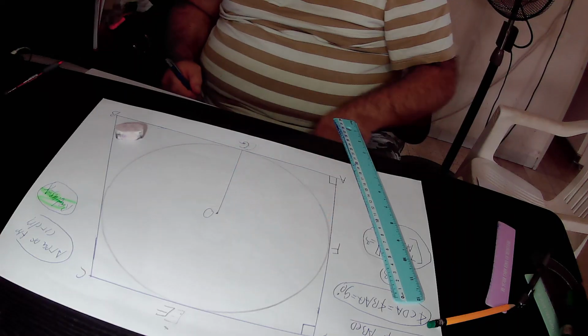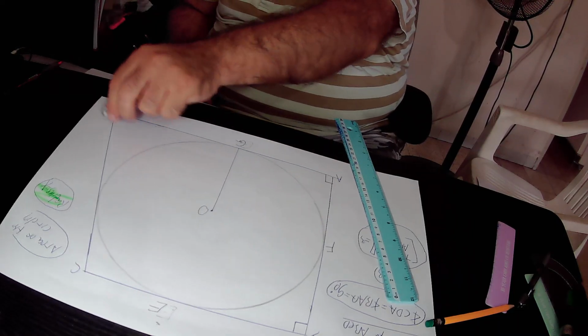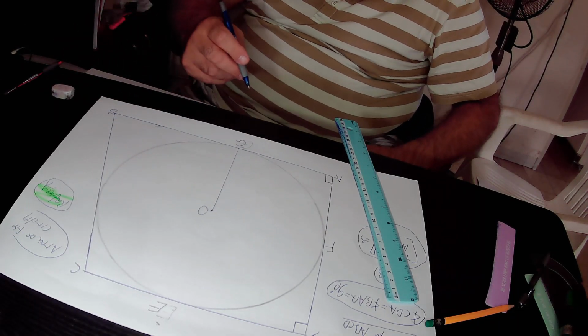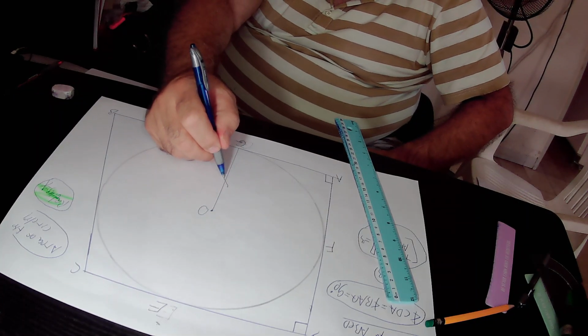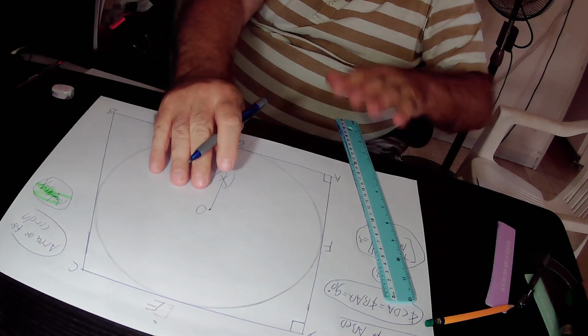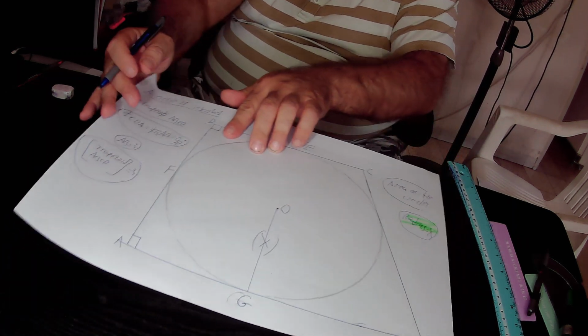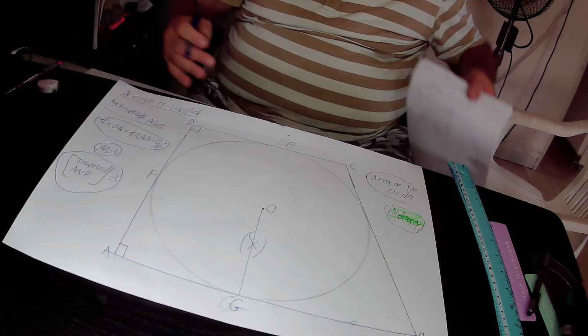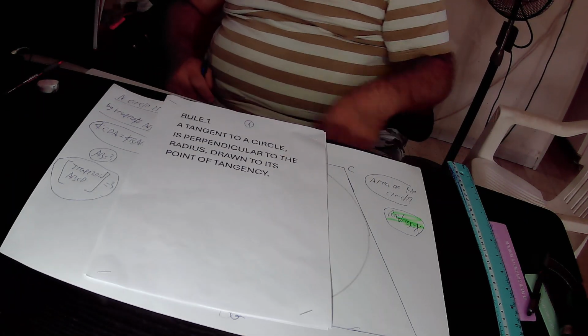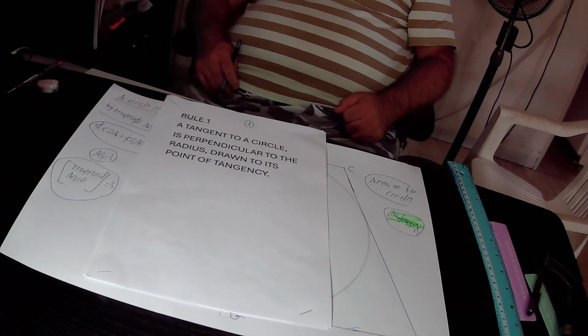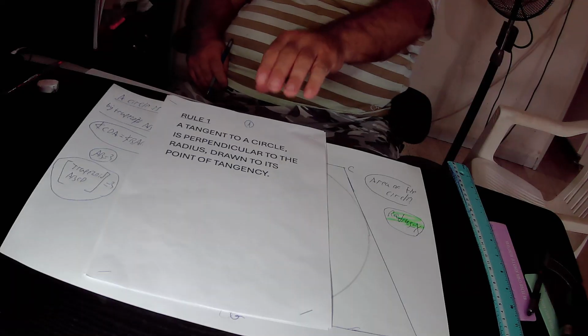Point O is the center of the circle, point G is a point on the circle itself, therefore OG is the radius of the circle, equal to x. So here we can implement rule 1 in our drawing. Repeat quickly on rule 1. According to rule 1, a tangent to a circle is perpendicular to the radius drawn to its point of tangency.